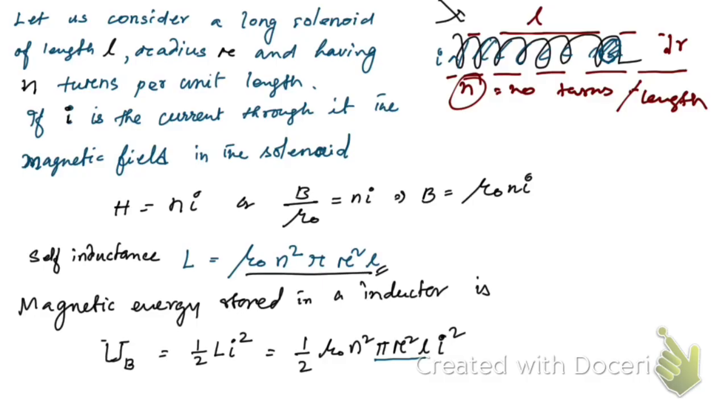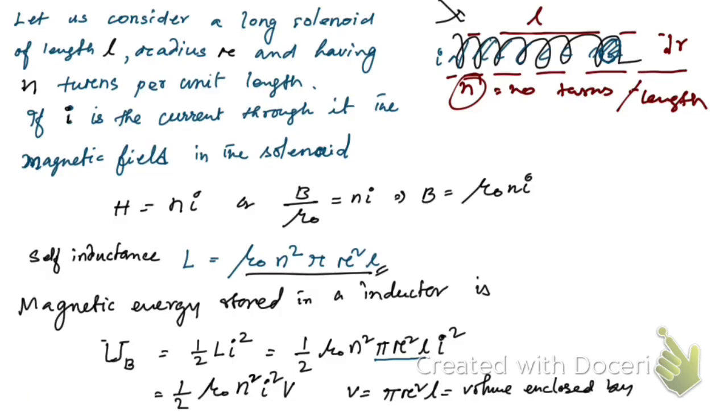So here we're going to write half mu naught n square I square into volume, that is V equal to pi r square L, the volume enclosed by the solenoid.